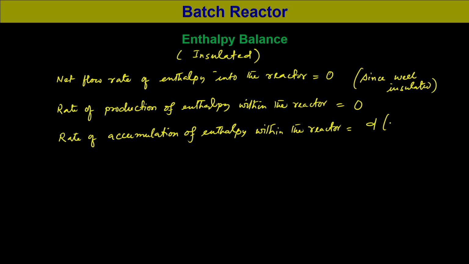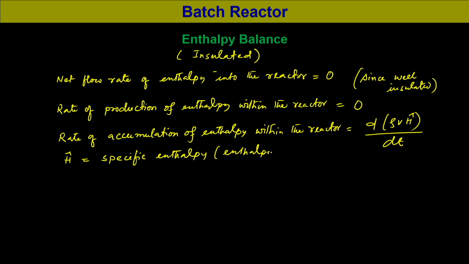d(rho V h cap)/dt. Here h cap is the specific enthalpy, that means enthalpy per unit mass.